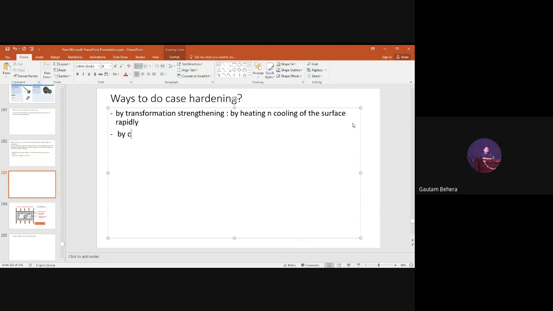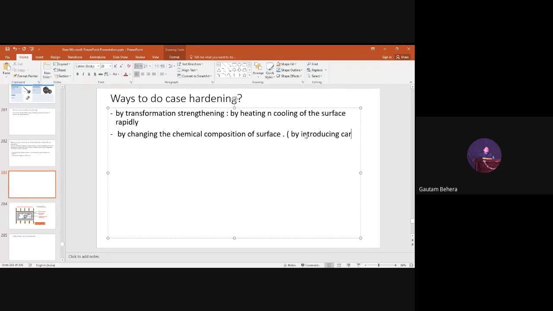So the surface chemical composition will change so that it will become harder or stronger.